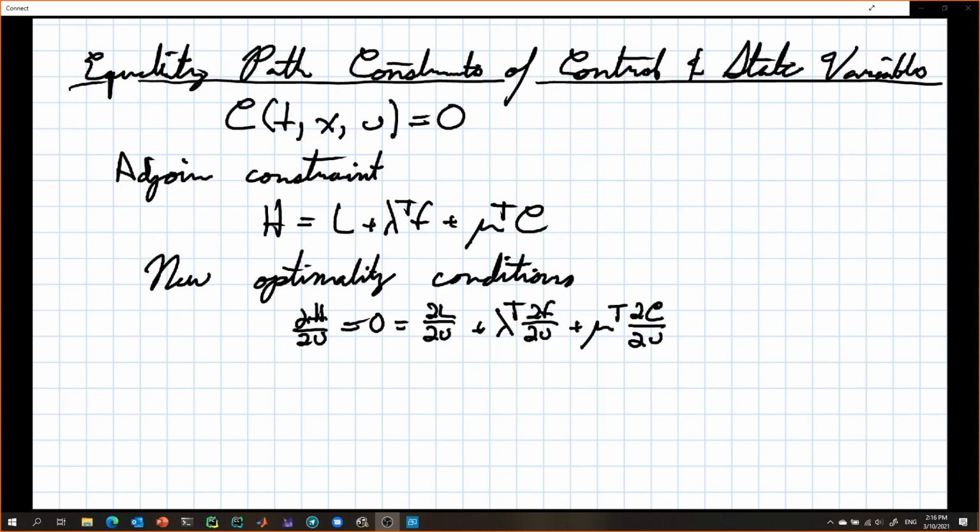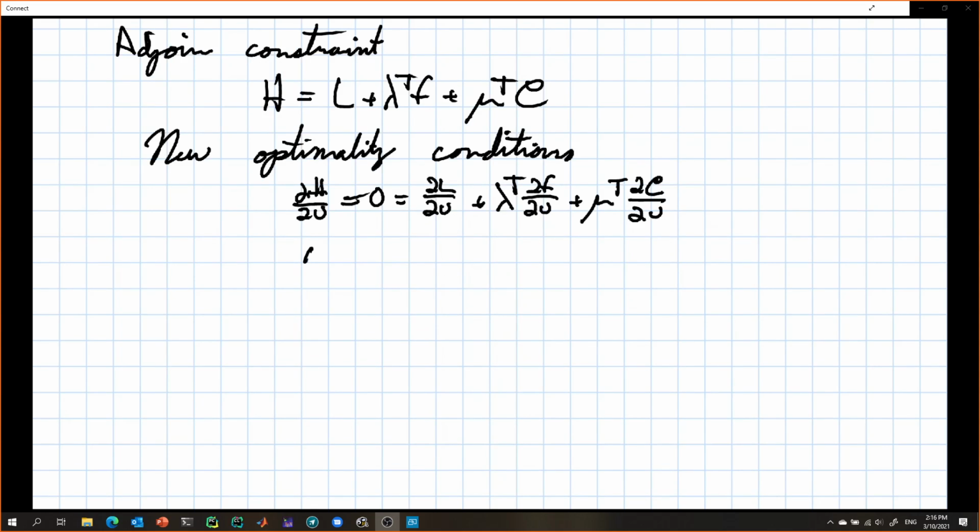But then we also have the co-state rates changing as well.